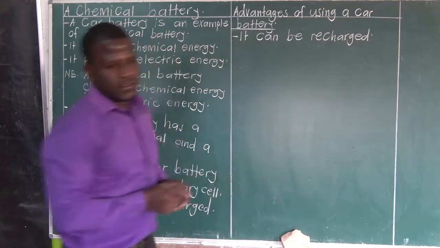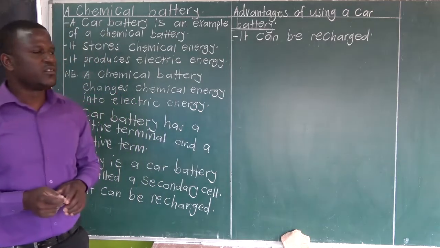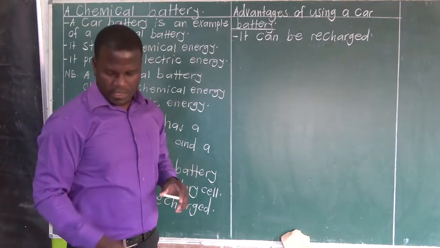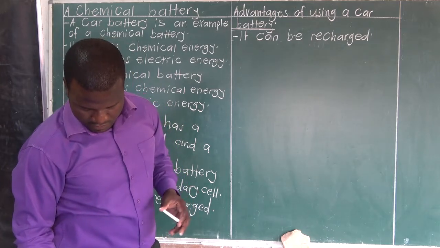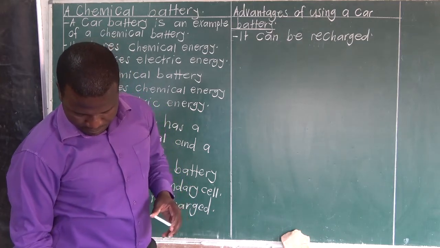That's the advantage. With primary cells, you cannot recharge them. Once they lose electricity, that's the end of it. But with car batteries, you can recharge them.